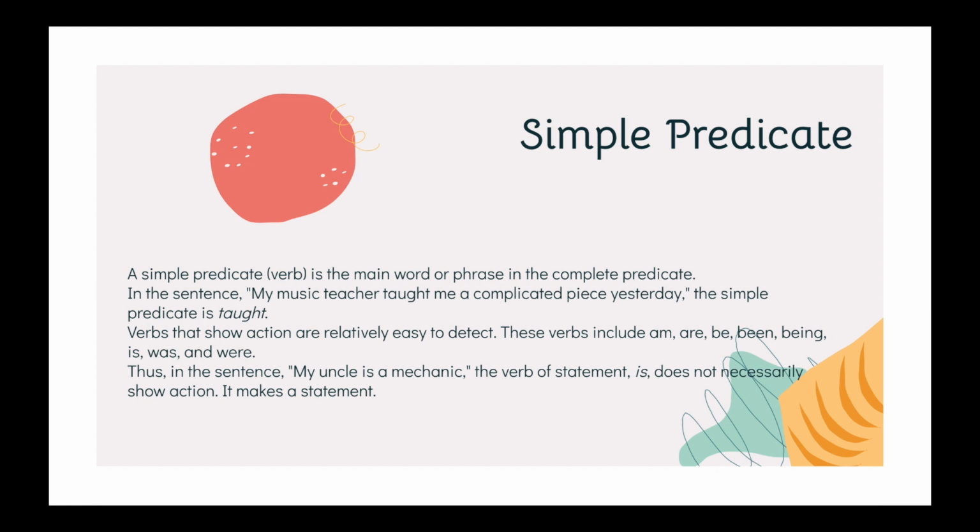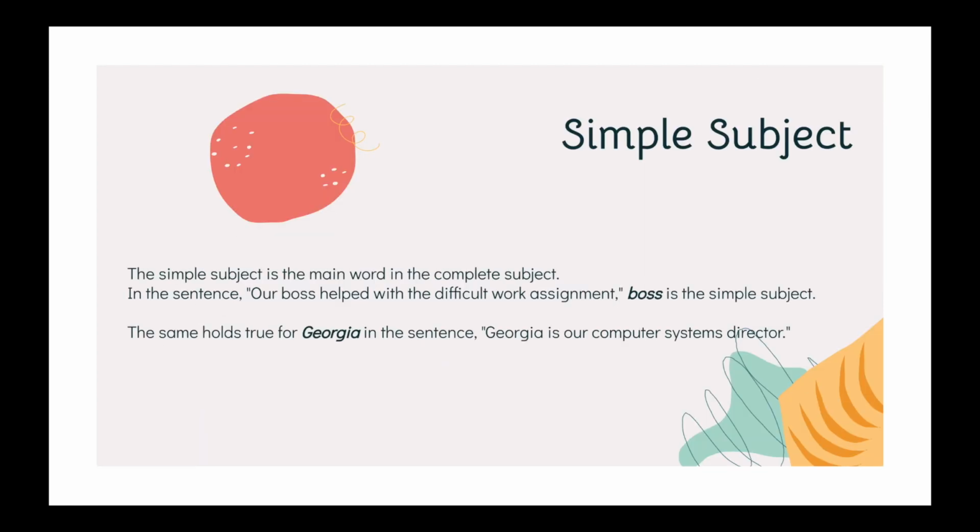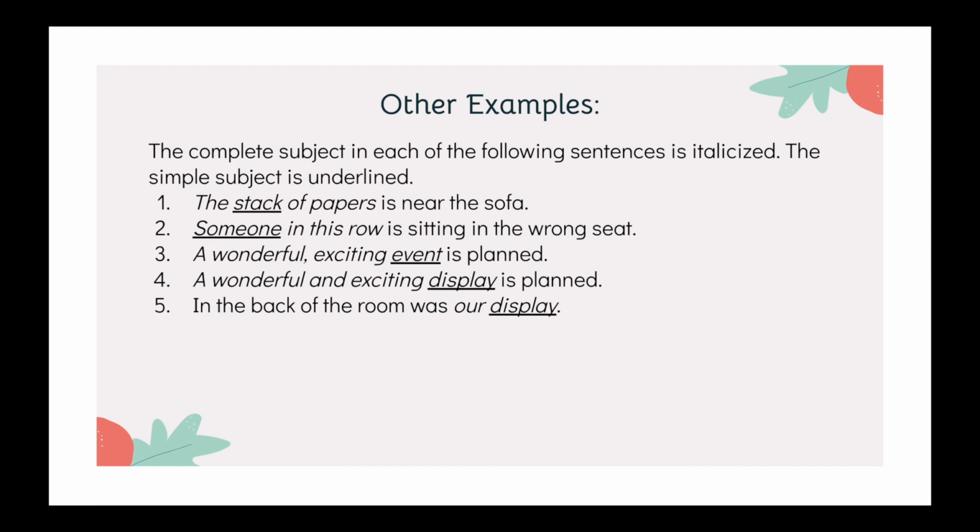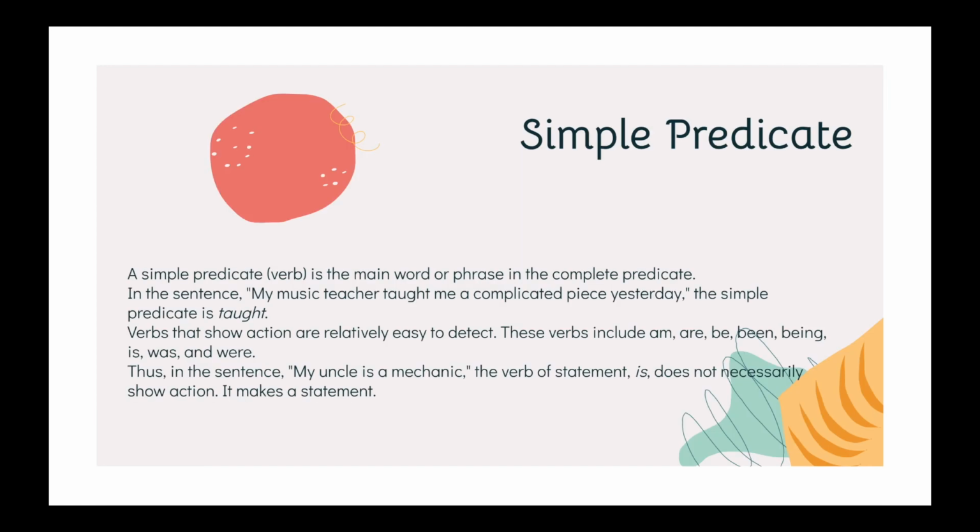Like the simple subject is just the main subject, with the simple predicate we only talk about the center of the predicate, which is a verb. For example, in the sentence "My music teacher taught me a complicated piece yesterday," the simple predicate, the verb, is taught.